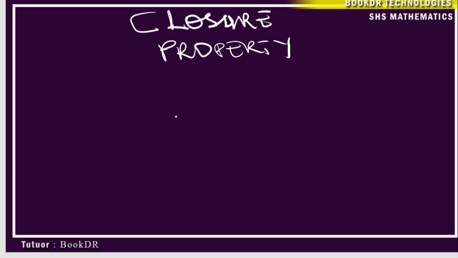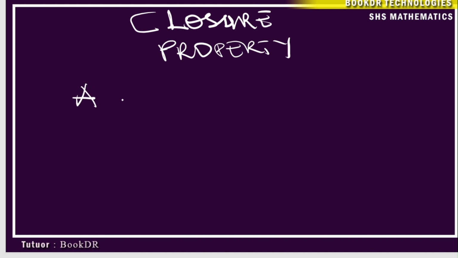Closure property. The closure property of a set states that if you pick two elements of a set and they undergo an operation, and the outcome is also an element of the set, then we say that set is closed under that given operation. Let's look at an example.